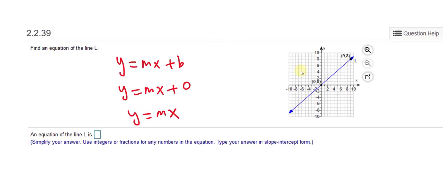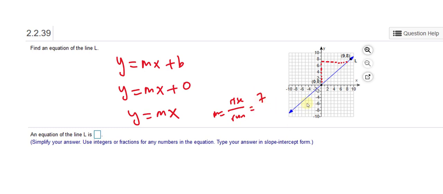Let's pick another point. Let's find the even point right here. Okay. And then, from here, go up to here. You have to rise from 0 up to 7, right? So m is the rise over run.